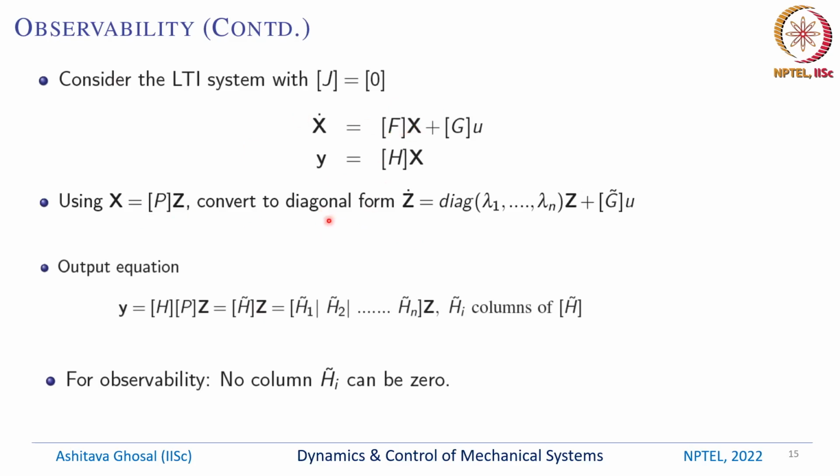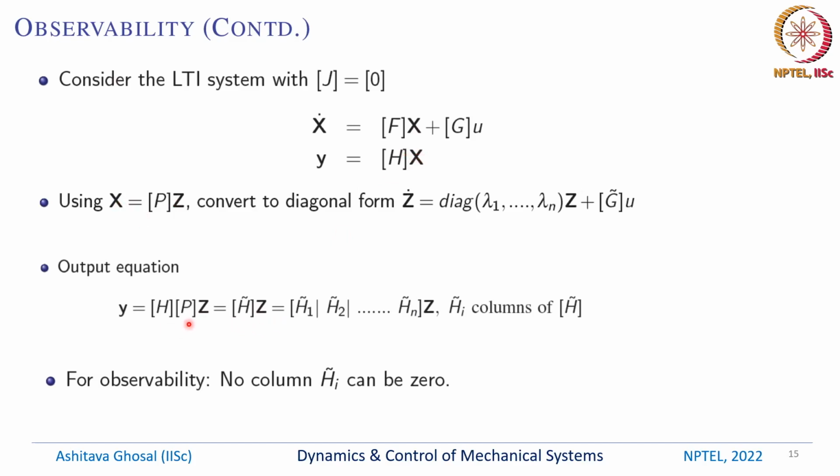Okay, so in the diagonal form we will have z dot equals some diagonal matrix with lambda 1, lambda 2, all the way to lambda n, into z, and then we'll have P inverse Gu. The output equation can be written as y equals H into Pz. Remember, x is Pz.